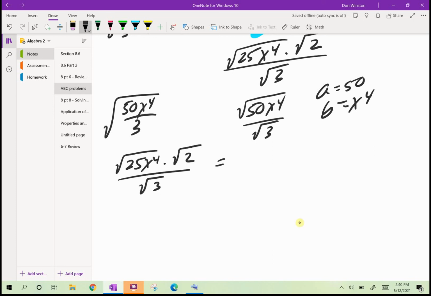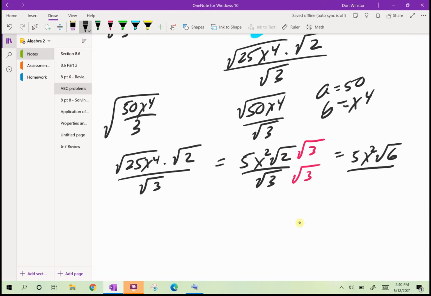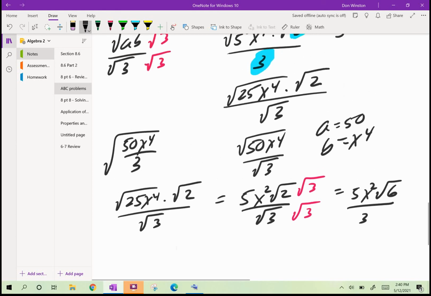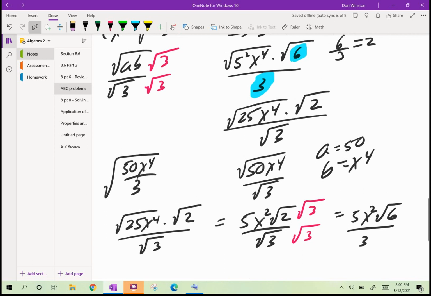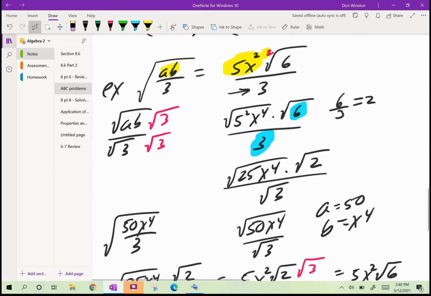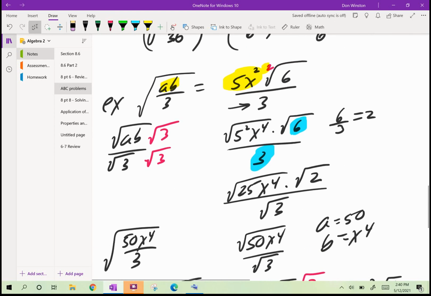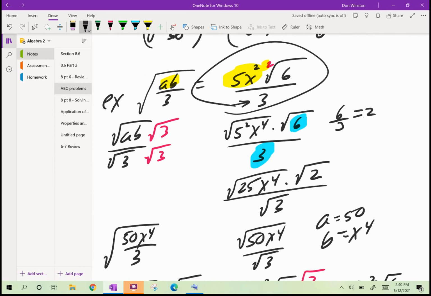So this would have been 5x squared, square root of 2 over the square root of 3. And then when I rationalize the denominator, I would have gotten 5x squared root 6 over 3, which is what I had when I started.